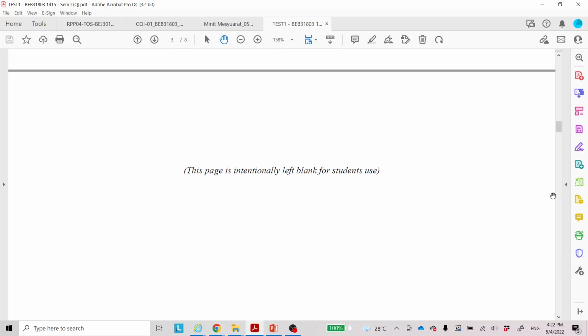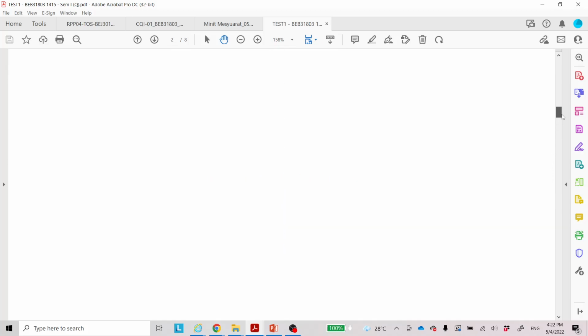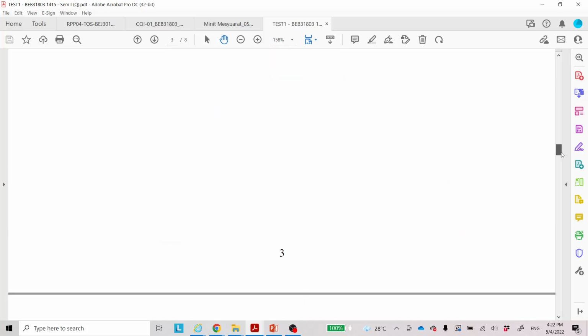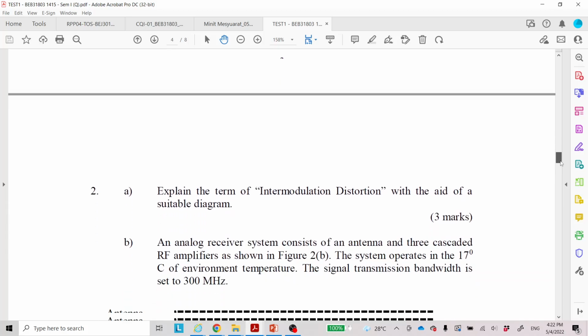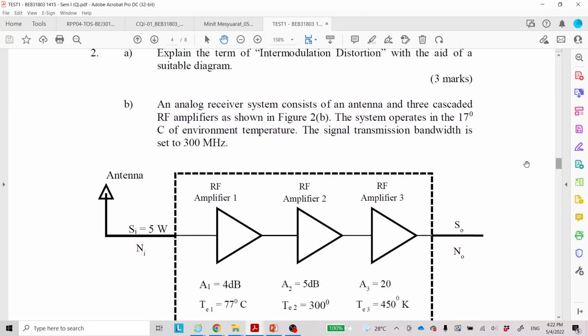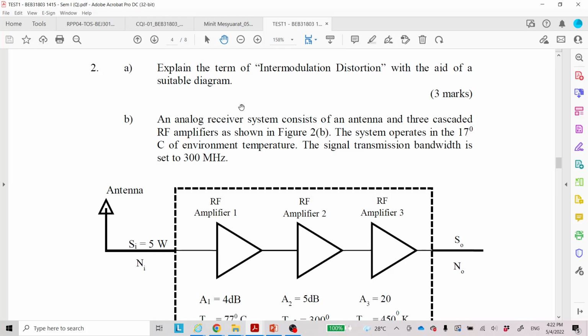If you see previously, students answer directly in the answer book, and then they need to submit. Okay, so you see that question number 2, explain the term intermodulation distortion.